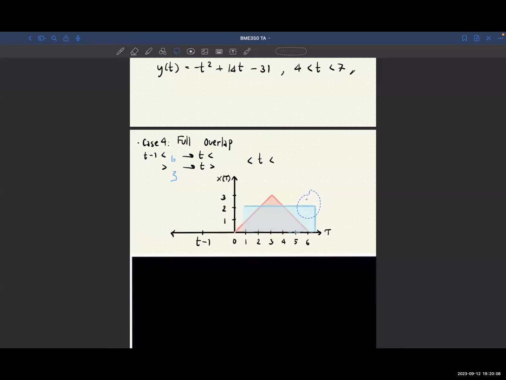Actually, let's make it longer. So it's fully overlapping, right? This is going to be t minus 1.